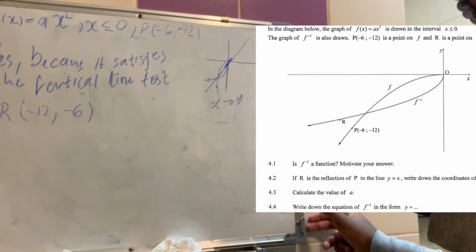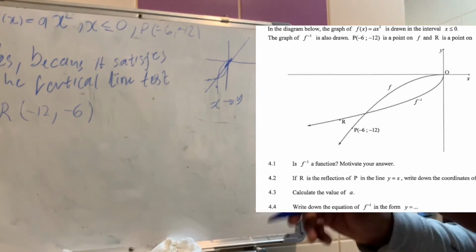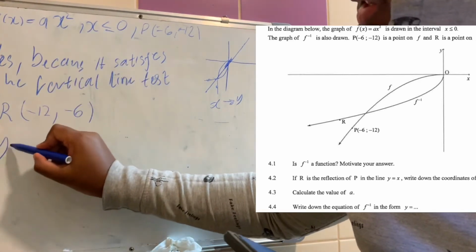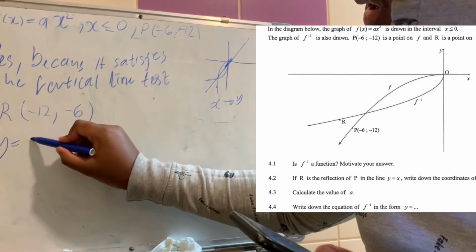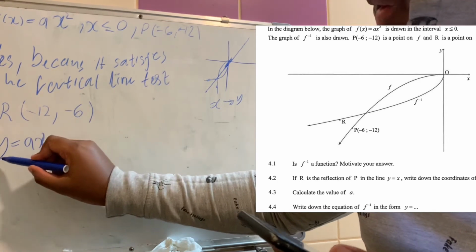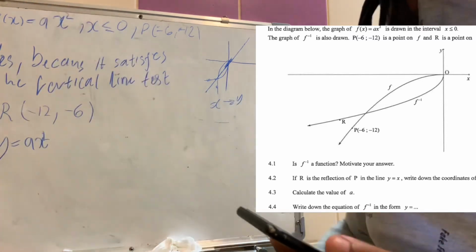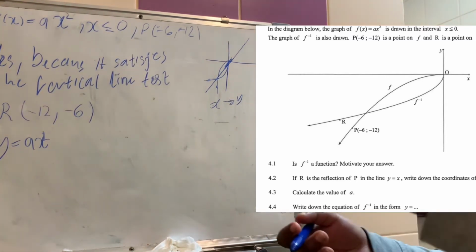Number 3: calculate the value of a. We have f is equal to a, so y is equal to a x squared. I want y in terms of f at x, because it's a function.